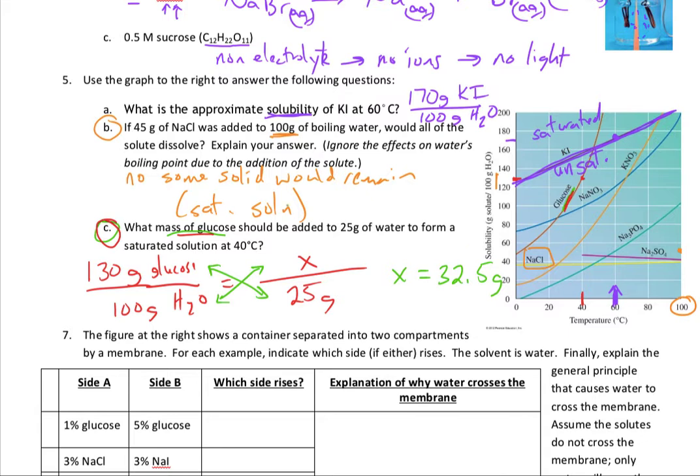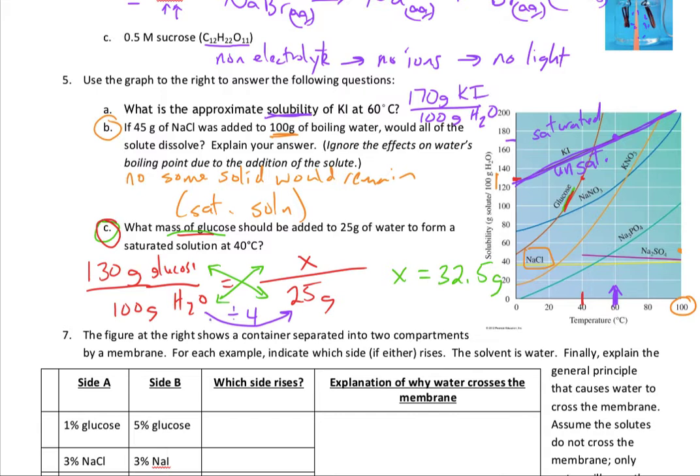Another way to do it: sometimes the numbers work out in your favor. Like, for example, 100 is a multiple of 25. So if you think about how this math was done, what do you have to do to 100 to get to 25? Well, you would divide by 4. What is a proportion? A proportion is just trying to keep the ratio between, in this case, the grams of glucose and grams of water equal.